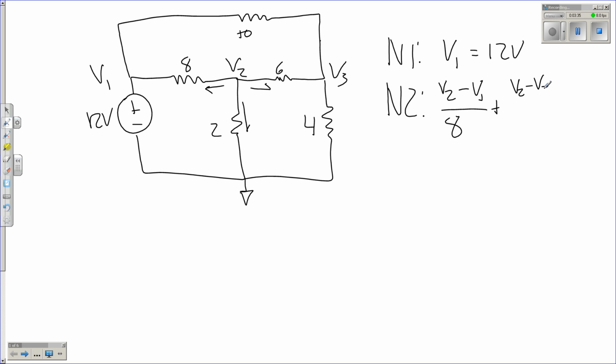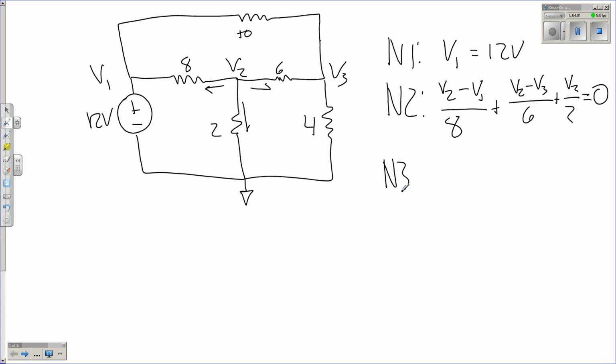V2 minus V3 over 6. And lastly, V2 over 2. Now, if you want to get technical, it'd be V2 minus 0. In this case, it's just ground, we can ignore that 0. Always remember, the sum of those has to equal 0. That's just our Kirchhoff's current law.